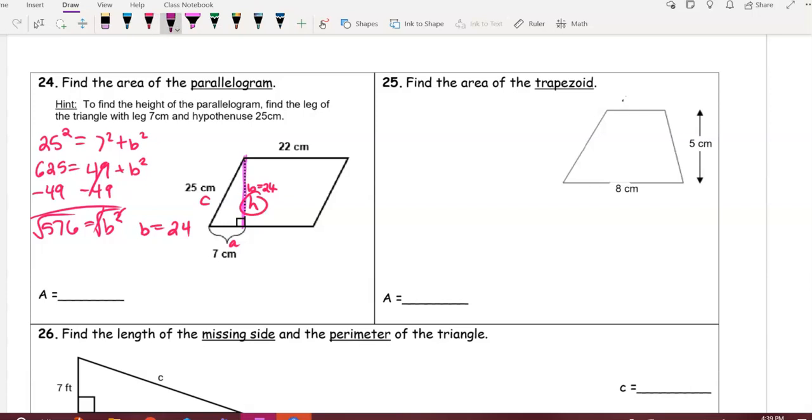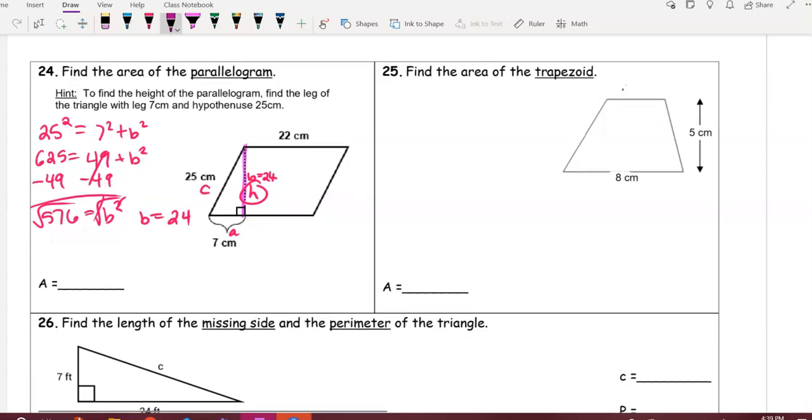And now we can use that number to find the area of the parallelogram. And area of the parallelogram is just base times height. So if our base is 22 and our height is 24, 22 times 24 is going to give us our area, which is 528.